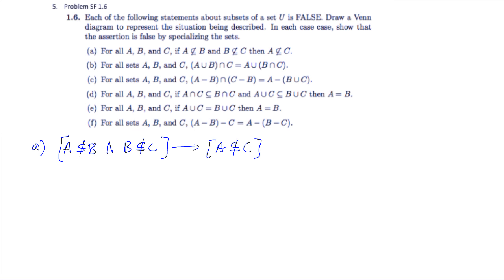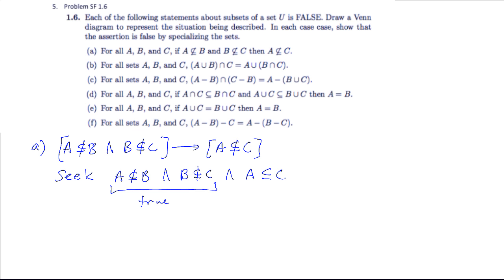Okay? And the way to prove something like this false is to have a true premise but a false conclusion. So we seek A not being a subset of B, and B not being a subset of C, and A being a subset of C. Okay, so here we have a true premise and a false conclusion.